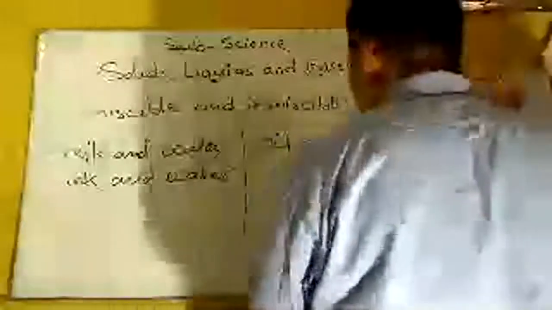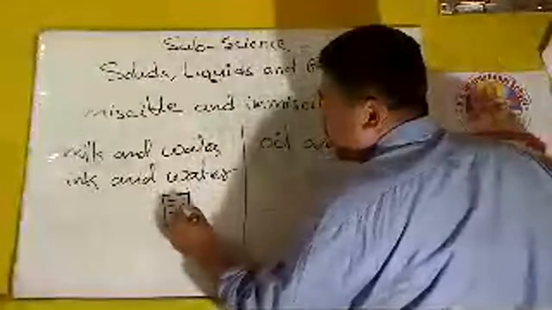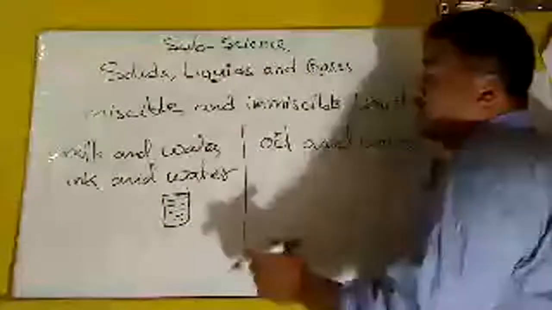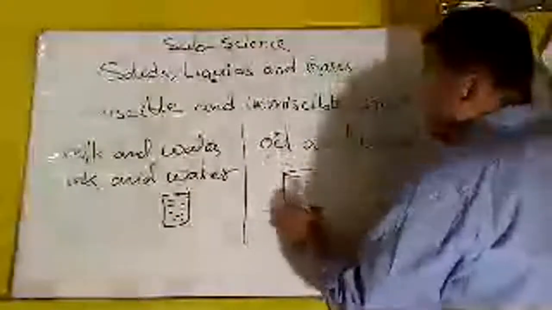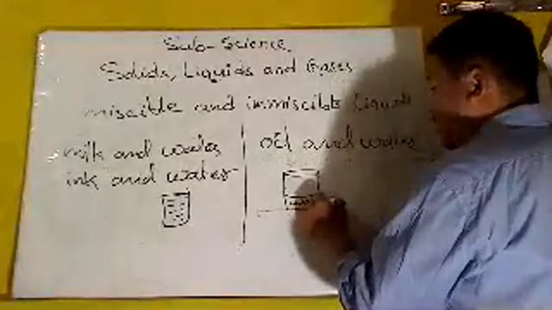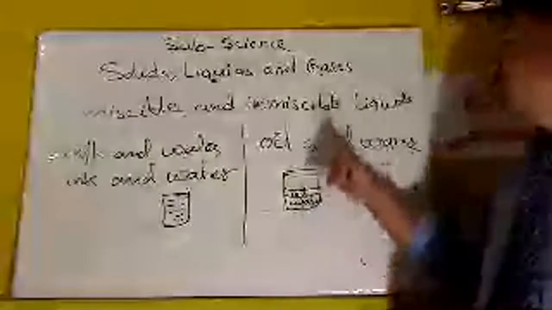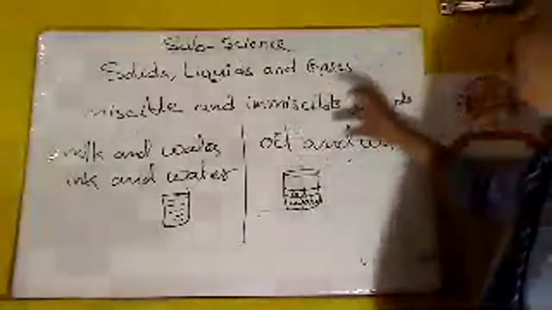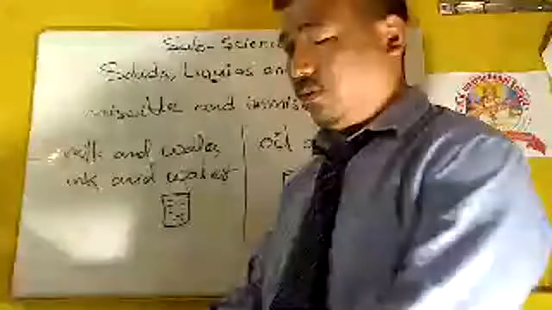So such kinds are called immiscible liquids. We can see the layers. If you put ink or milk, the color of the water will change totally. But here, it makes a layer. Water remains here, and above this, oil. So these which do not mix are immiscible liquids, and the liquids which mix with each other are miscible liquids.